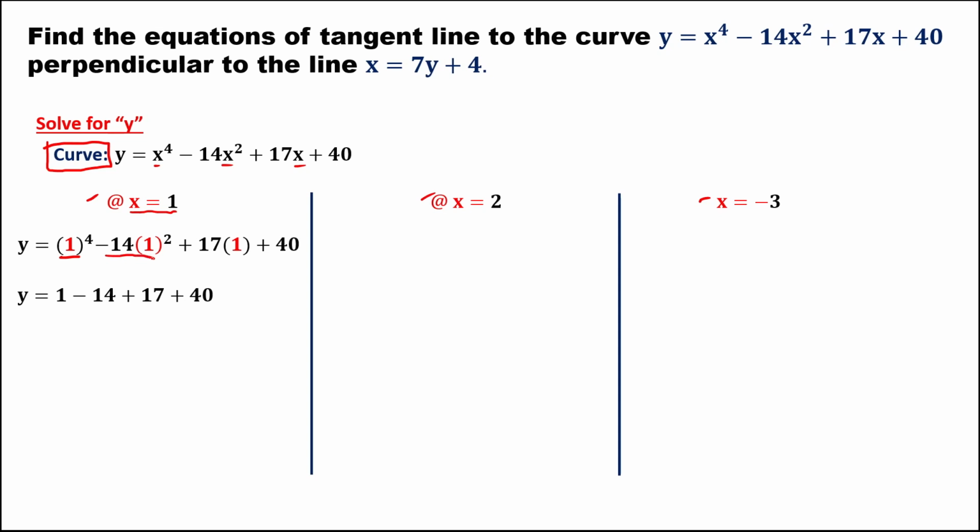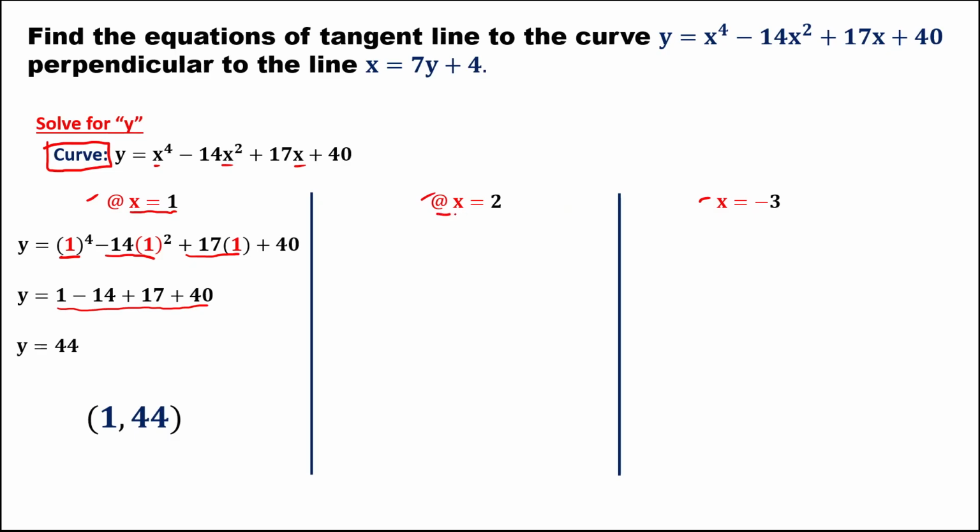This one is negative 14. This is positive 17. Then add all these numbers, so y equals 44. So the coordinate is positive 1 and positive 44. So this is now the first coordinate.